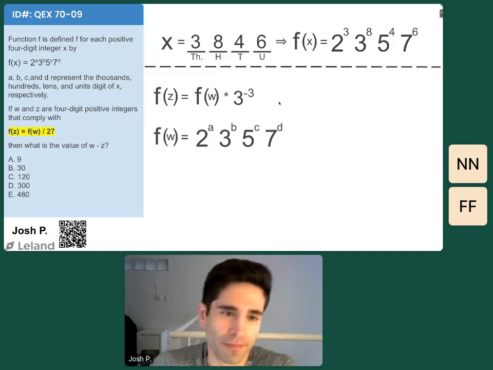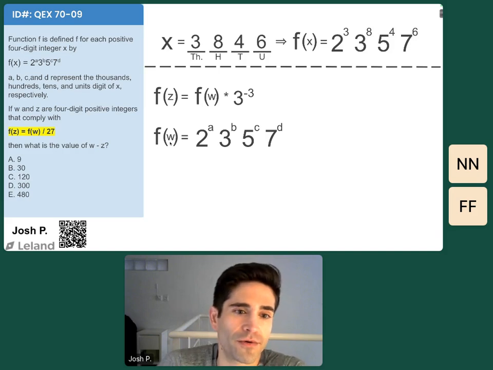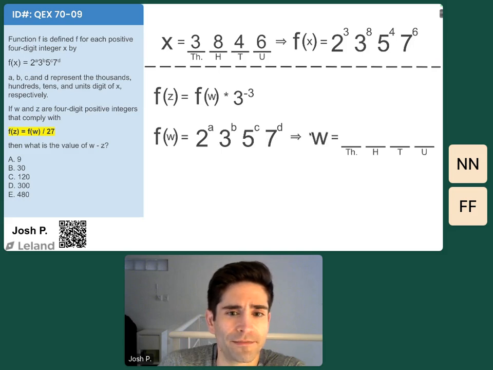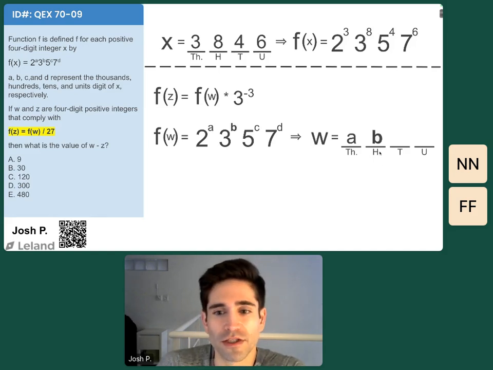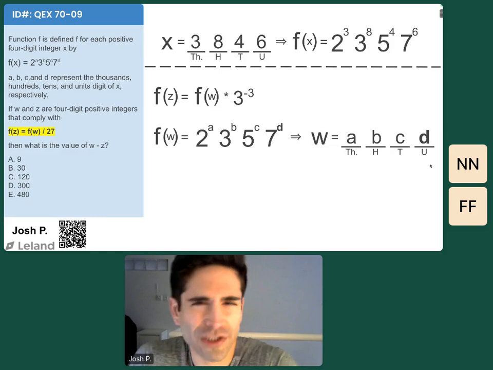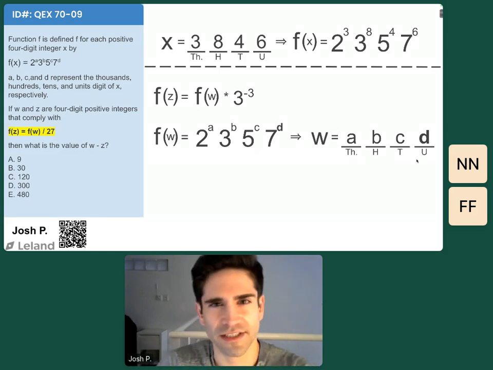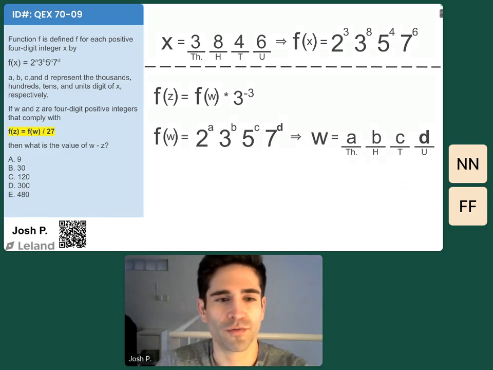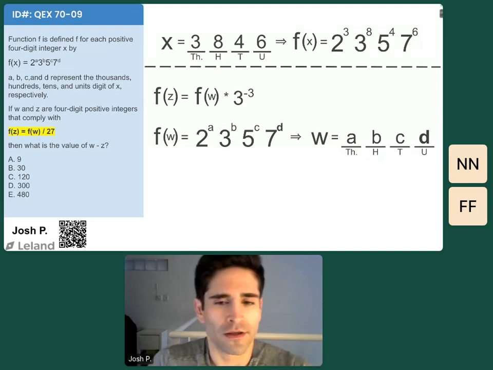So let's say, for example, f of w is 2 to the a times 3 to the b times 5 to the c times 7 to the d. Well, that would mean that w has an a in the thousands, b in the hundreds, c in the tens, and d in the units. Now let's make this more tangible, because a, b, c, d are just variables we don't know the value to.